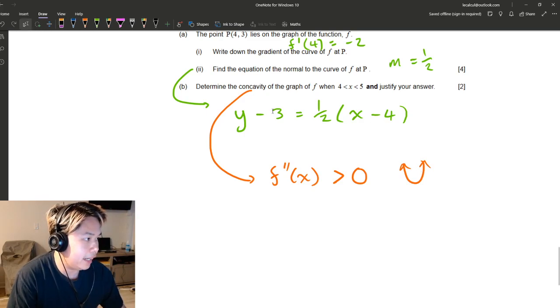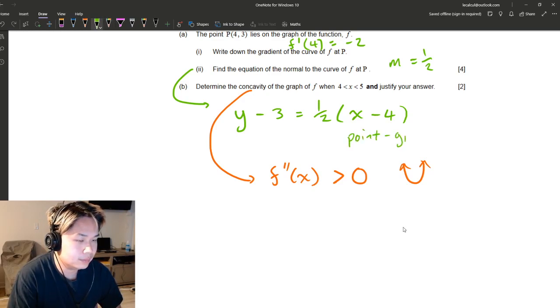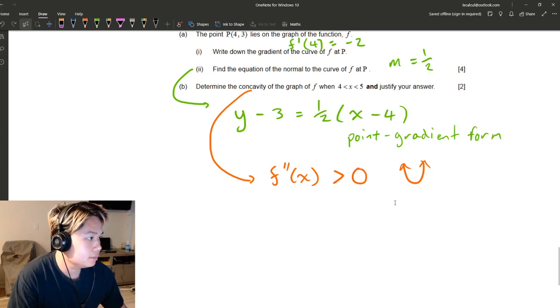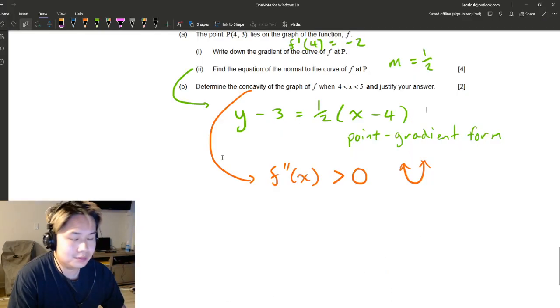I mean, I would leave it in this form. This is a valid representation of an equation. It's called point gradient form. I mean, if you really wanted to, you can multiply the 1/2 in and then move the 3 so that you get like a point intercept form, or gradient intercept form.